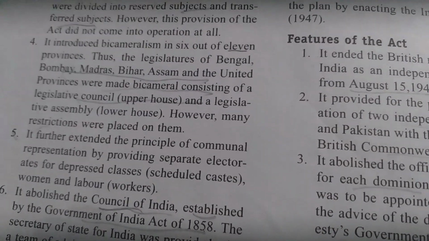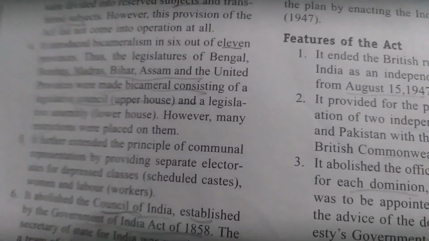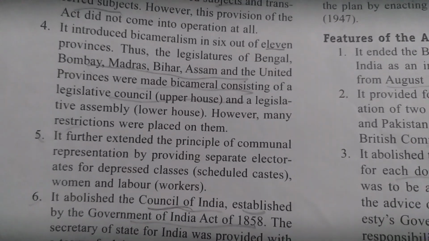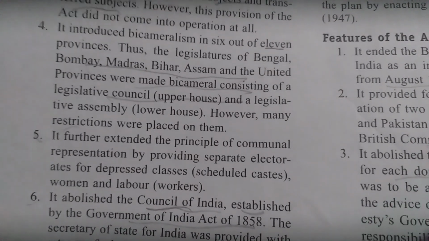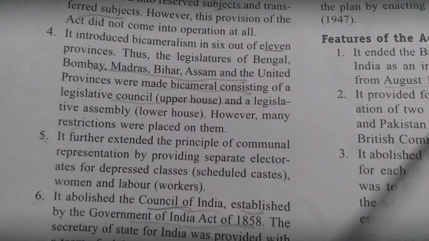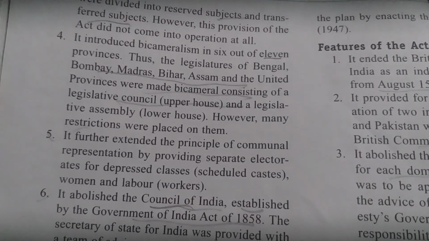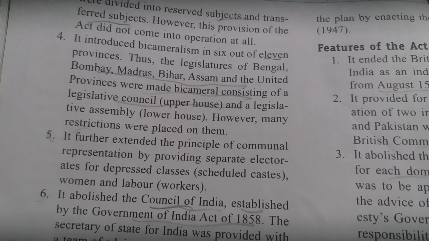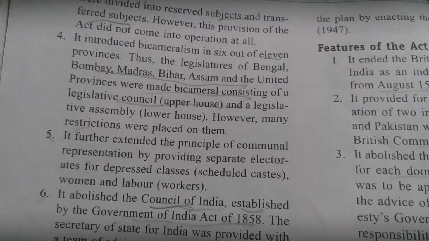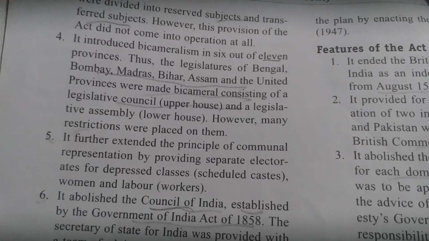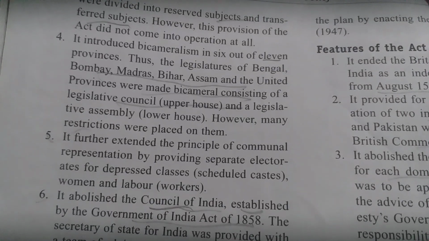It introduced bicameralism in 6 out of 11 provinces. Thus, the legislatures of Bengal, Bombay, Madras, Bihar, Assam, and the United Provinces were made bicameral, consisting of a legislative council, upper house, and a legislative assembly, lower house.